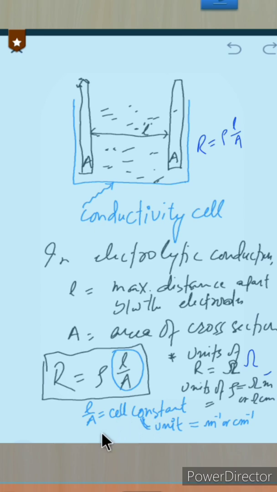Let me tell you again that L upon A, the ratio of L and A, is the cell constant of this conductivity cell. This is also represented in some books by G star.